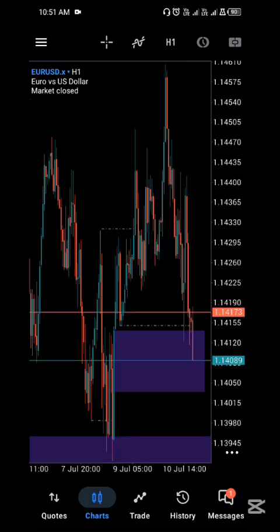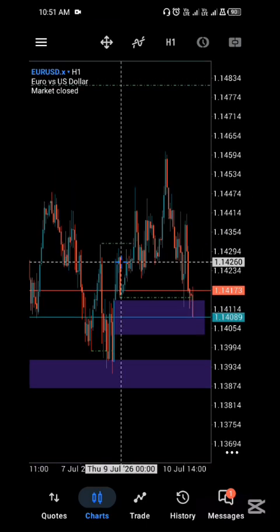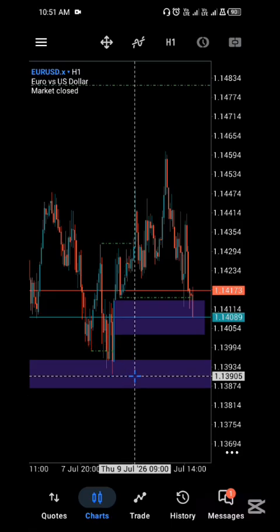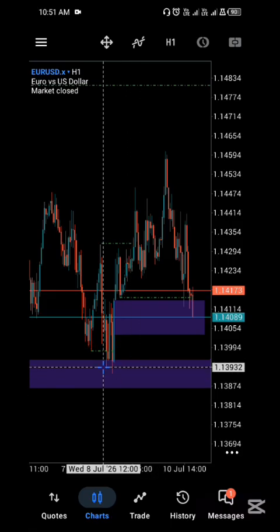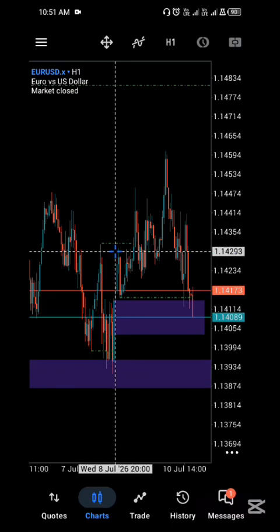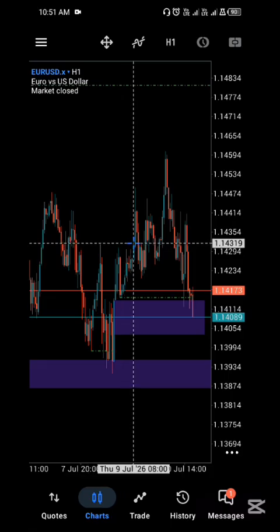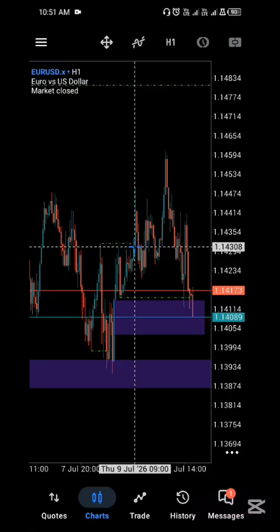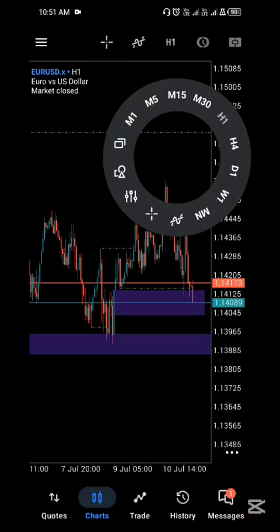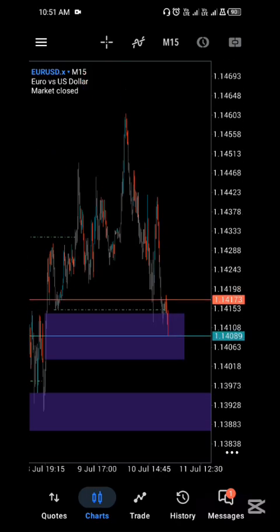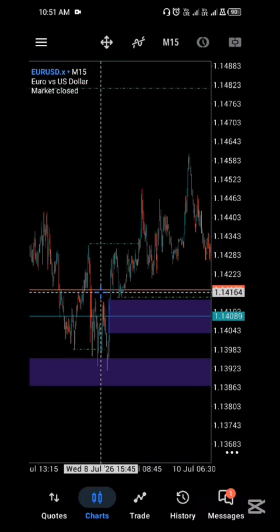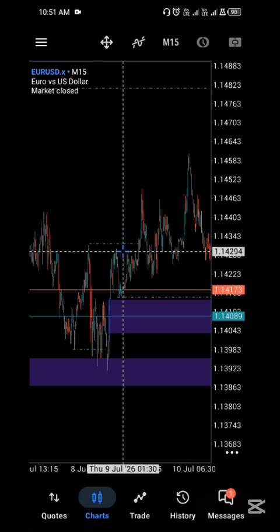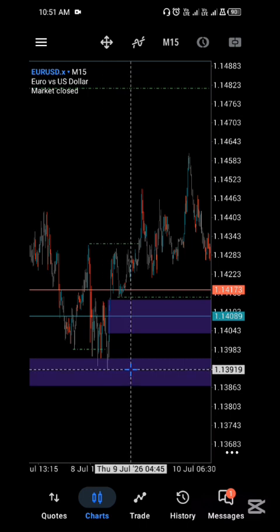On the hourly, after we mitigated this 4-hourly imbalance, I saw a change of character around the zone. On the 15 minute, this is where we got that change of character after mitigating this 4-hour fair value gap.